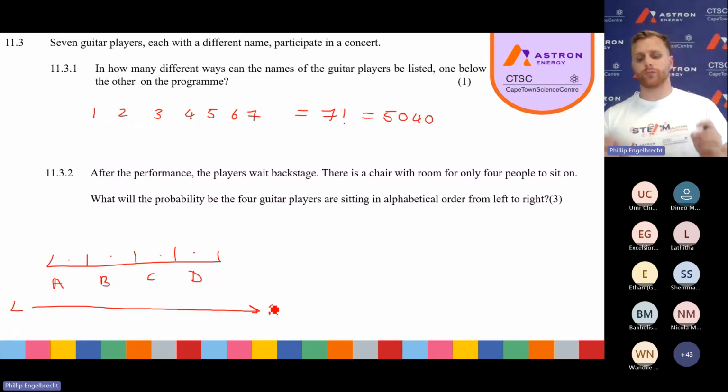So how many possible ways, or what is the probability, okay, that the 4 guitar players are sitting from left to right? So guys, I'll give you 3 minutes to try and answer this one. Okay, so good luck.